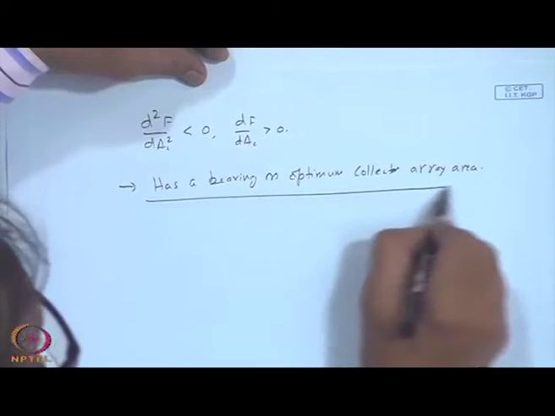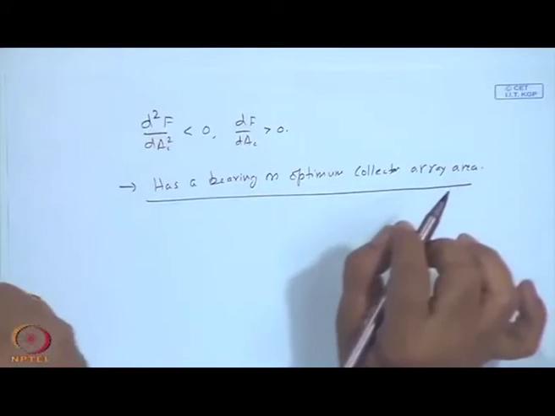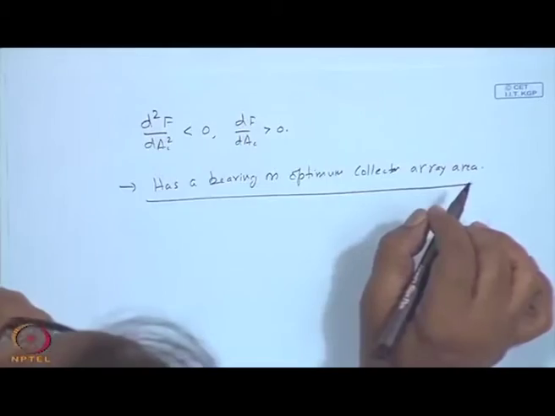So, this nonlinearity gives us a clue that we need not try to replace an existing conventional system with the solar energy system, but use the solar energy system such that you will have the maximum energy delivered per unit investment.